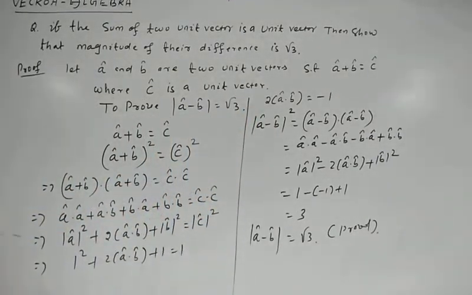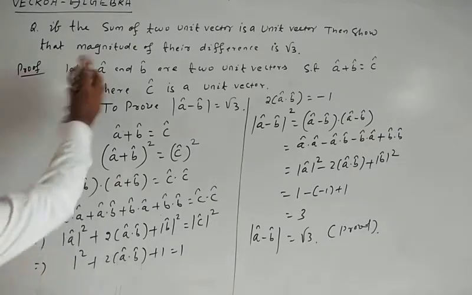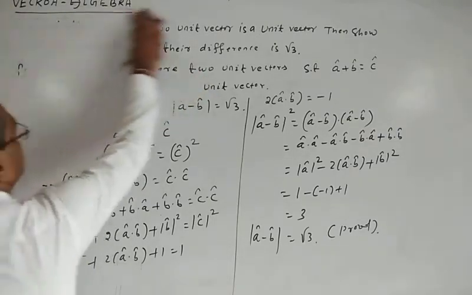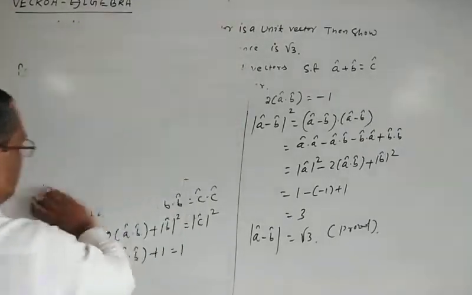So next question: show by vector method that the following points are collinear.